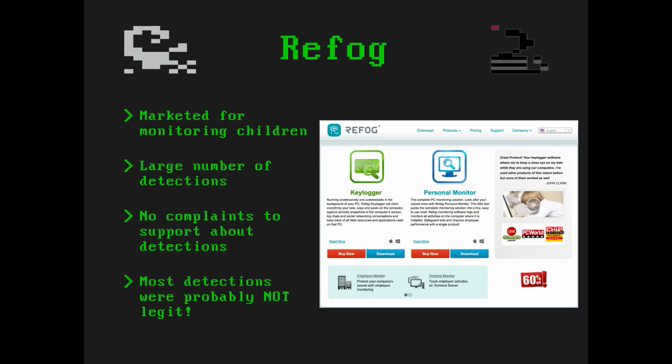It's not that they were actually using it to monitor their children and then Malwarebytes removed it and they're like, oh, okay. People would complain about that. So that's not what it's actually being used for in the wild. It's being used for much creepier purposes like monitoring significant others or, who knows who else.